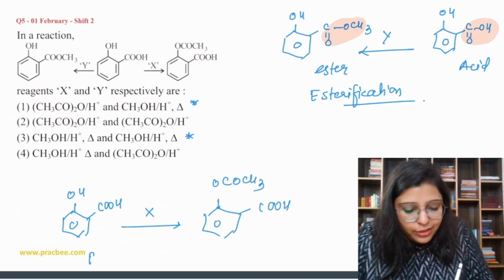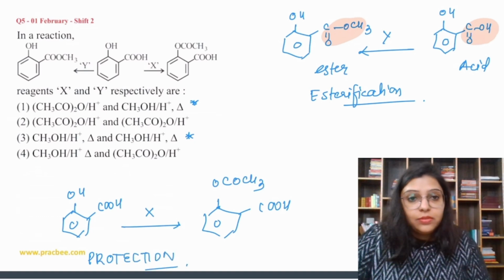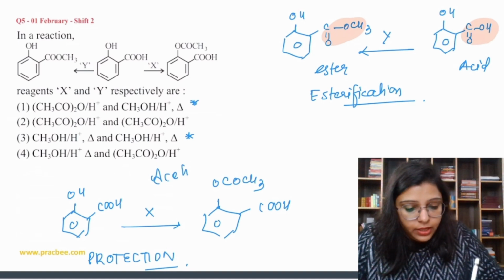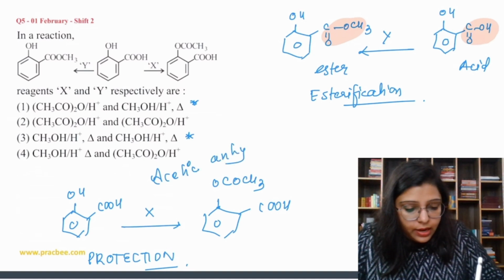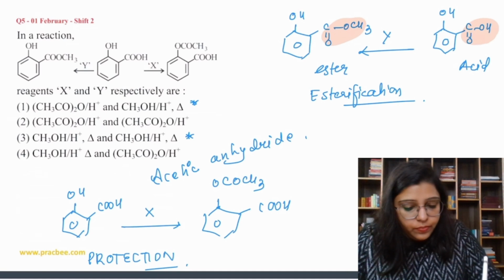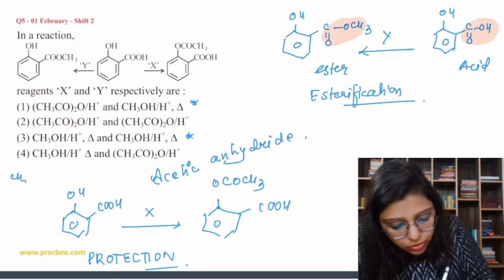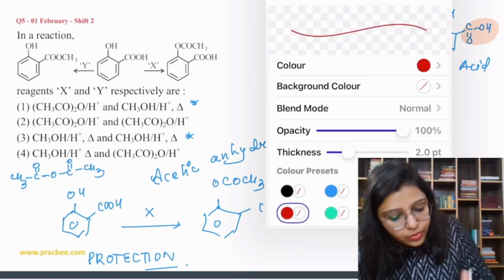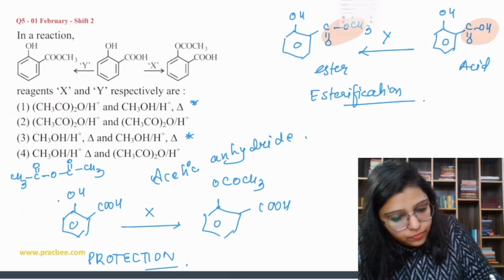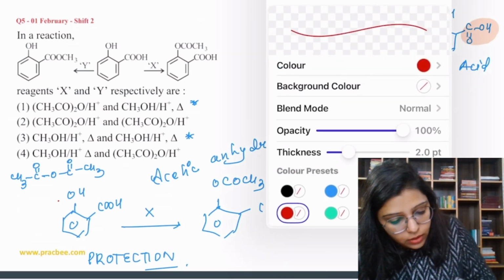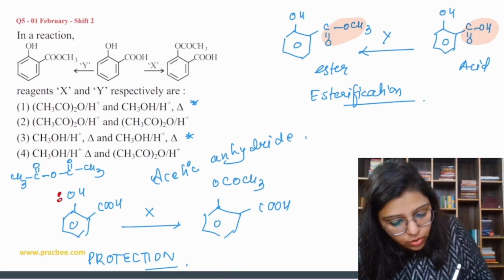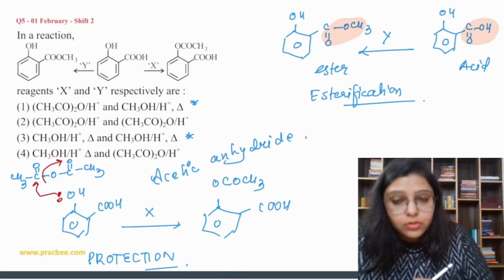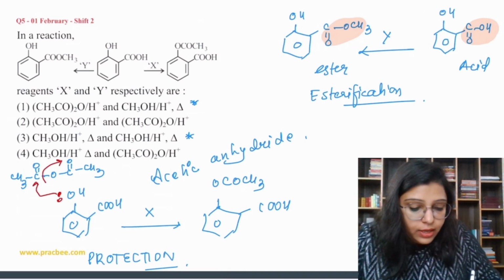This is called protection. This happens in the presence of acetic anhydride generally, because if we have CH3, C double bond O, C double bond O, CH3, this oxygen lone pair attacks this carbonyl carbon and this is going to leave, and we get this.